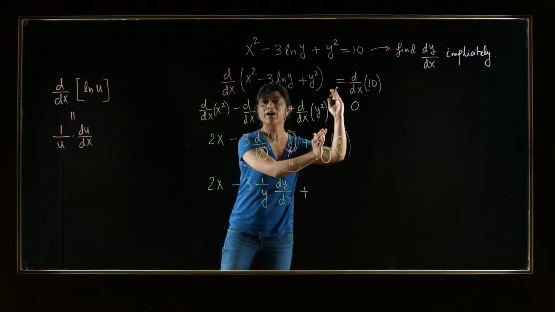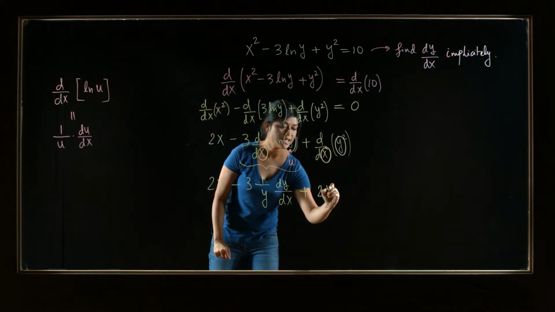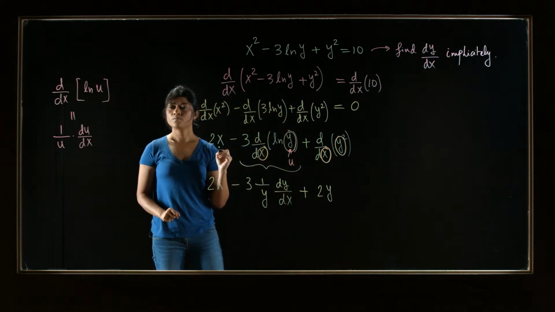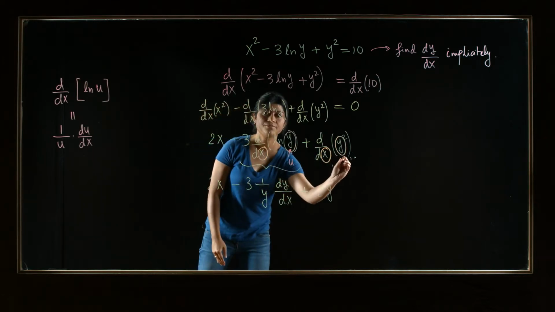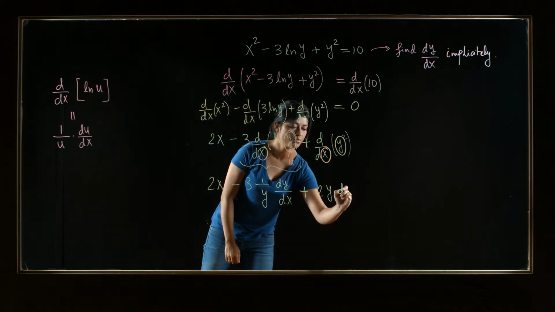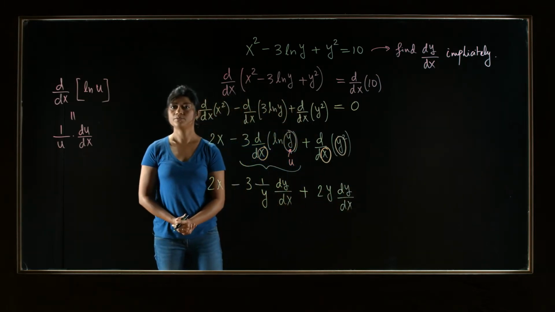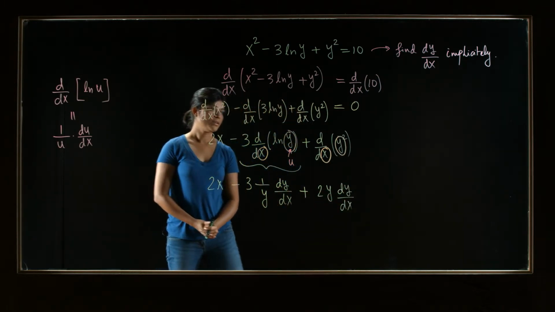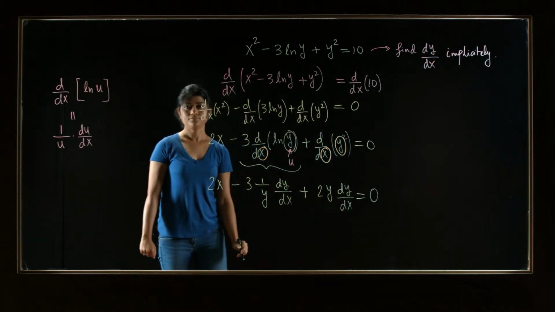So it's something to the power 2, and the power rule is 2 times that something, in this case y. But then you can't stop there. You have to take the derivative of that variable as well. So this should be multiplied with d dx of the y as well, which is dy dx. And that entire thing will be equal to 0.